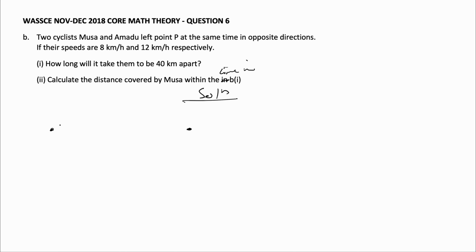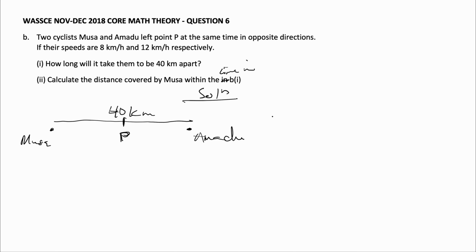The distance between them is 40 kilometers. They left point P at the same time. So let's say this is the point P.